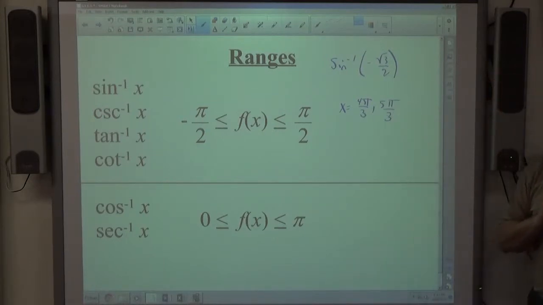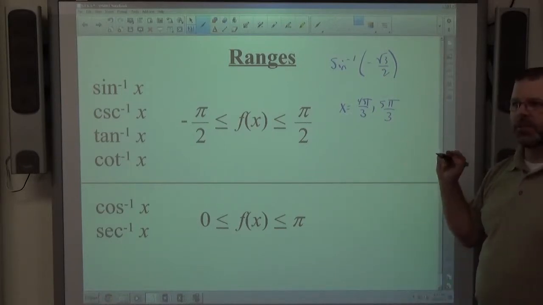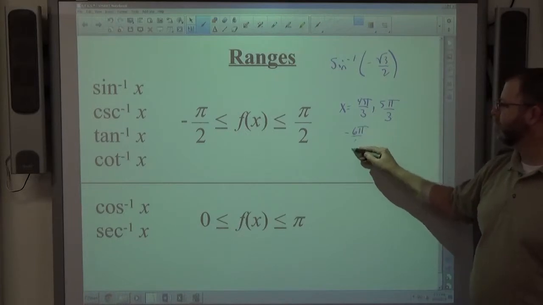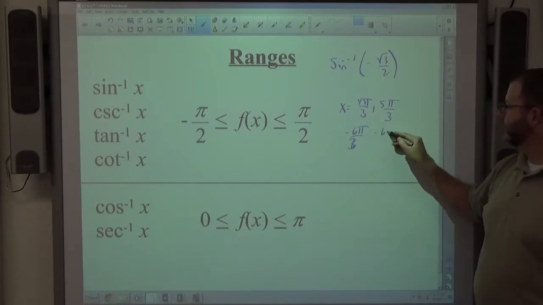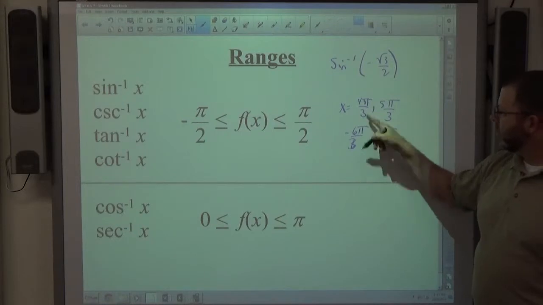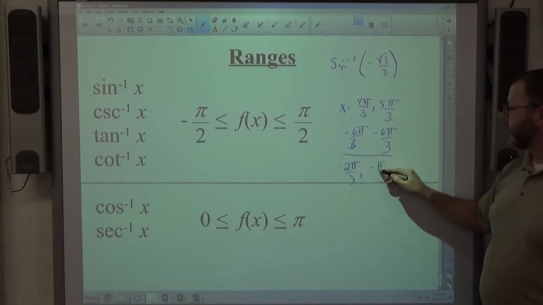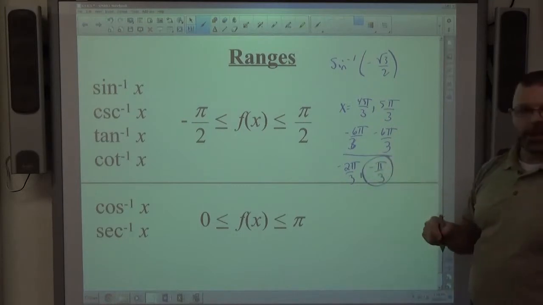Those are the two values it happens at. If I subtract 2 pi from each of those, so subtract 6 pi over 3 from each, this makes negative 2 pi over 3, and this makes negative pi over 3. That's the answer, negative pi over 3.